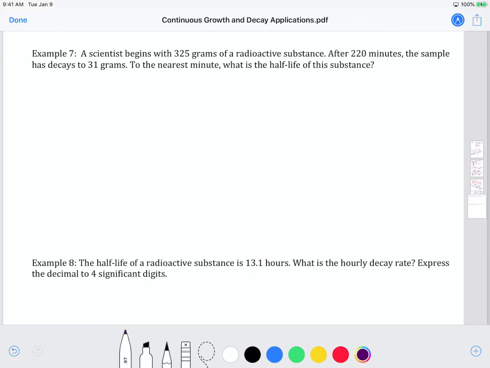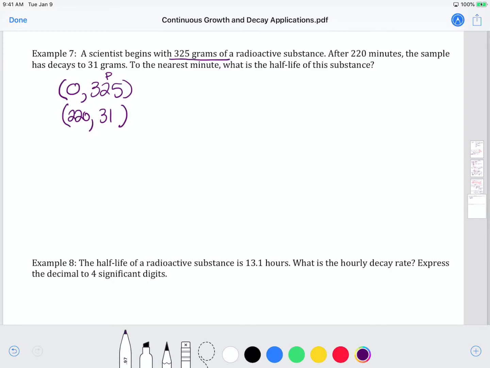They're giving all the information that we need in here to do that. They're giving us 2 points here. They're giving us our initial value. So at time 0, we've got 325. So this is going to be our value of P when we plug it into our equation. And they're also giving us a second value. When T is in minutes, at 220 minutes, it decays to 31 grams.